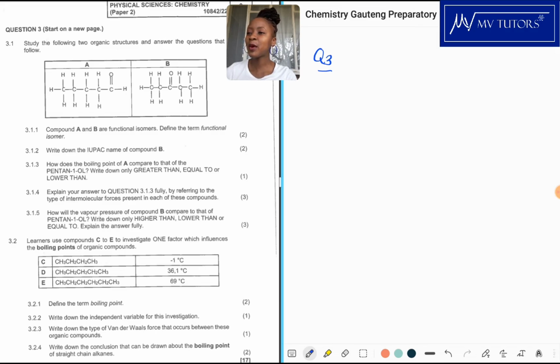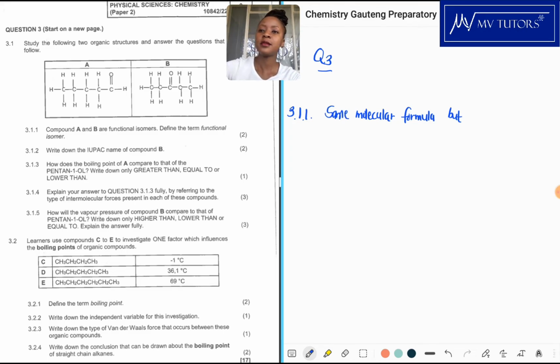Now it says 3.1.1, compounds A and B are functional isomers. So we need to define the term functional isomer. Remember, an isomer has the same molecular formula, but the difference is that they are from two different functional groups.